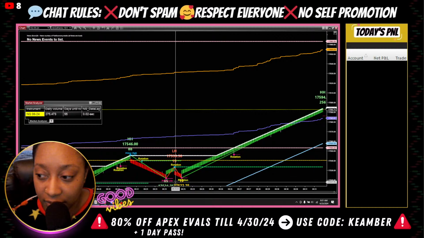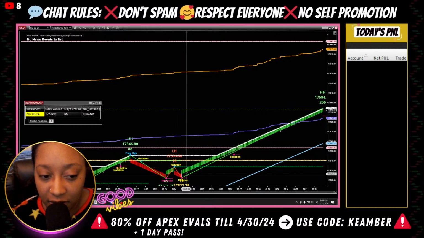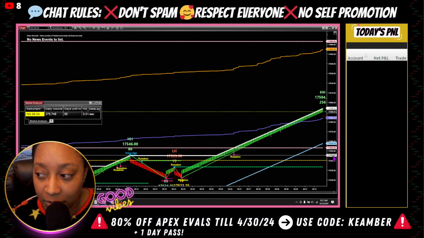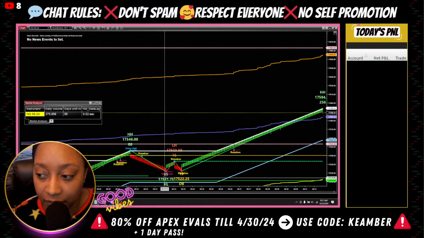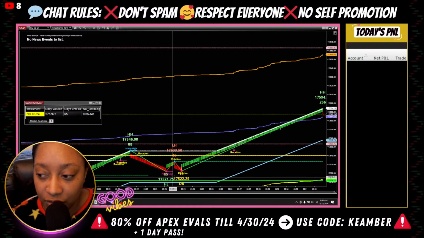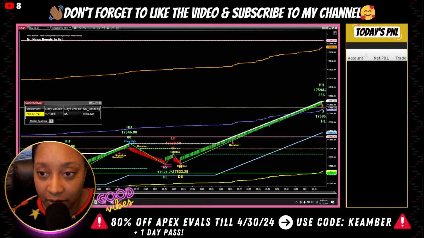We almost created divergence for me to be able to take here, but we got stopped by a double bottom. And I needed this to be a lower high instead.